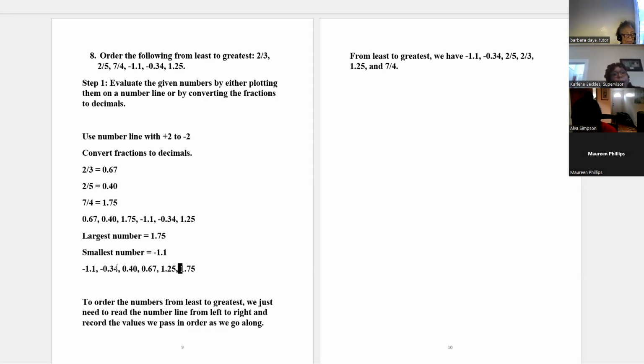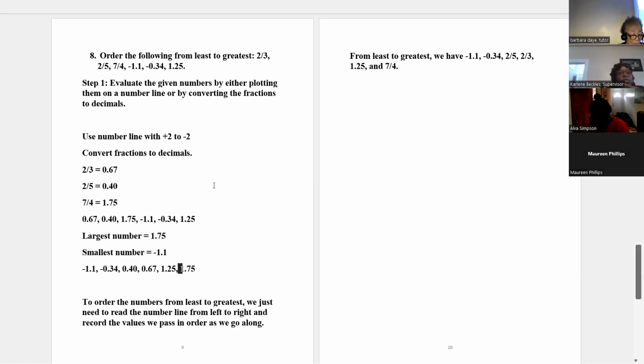So when they're not in the same format, like you may have a mixture of decimals and fractions, you get them all in the same format. Here it was easier to get the fractions to decimals. Then you can compare them.